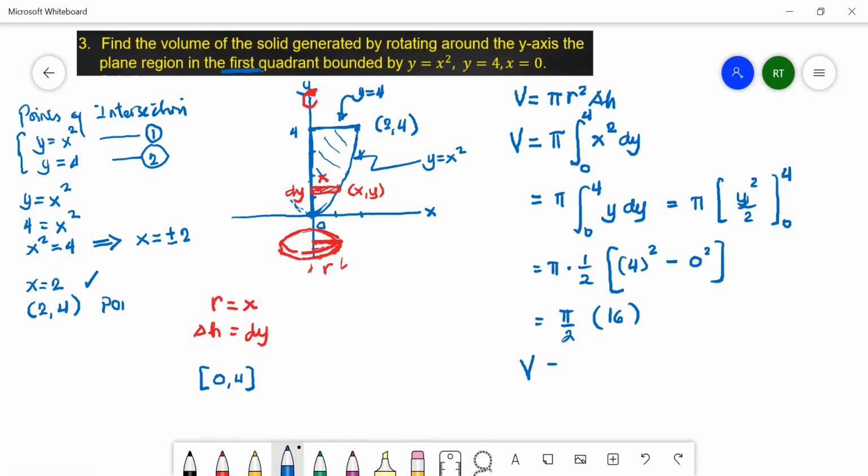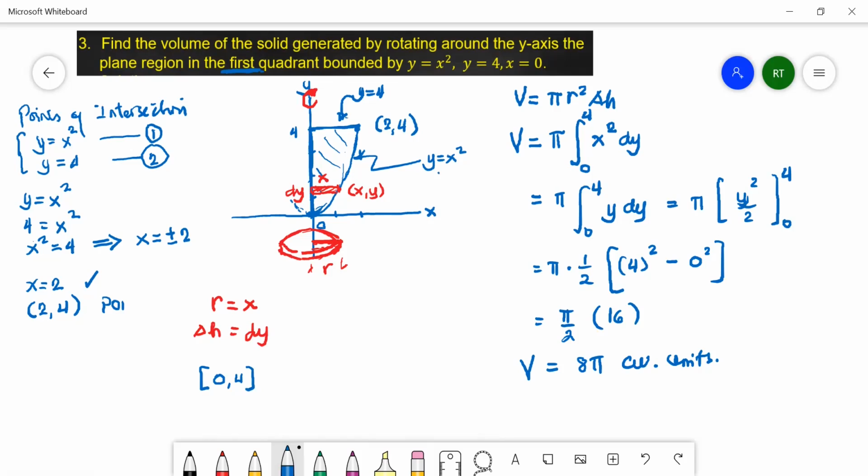Therefore, the volume of the solid of revolution is 8 pi cubic units. This is the volume of the solid generated by revolving about the y-axis the first quadrant region bounded by y is equal to x squared, y is equal to 4, and the y-axis.